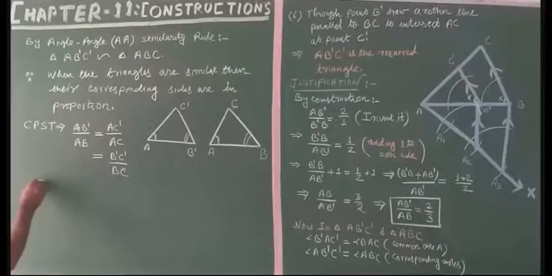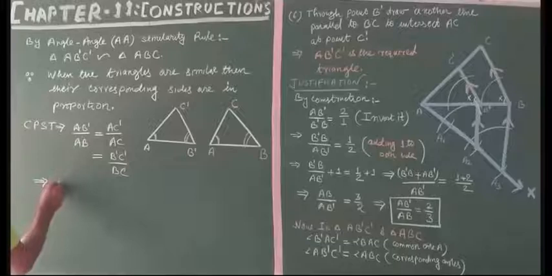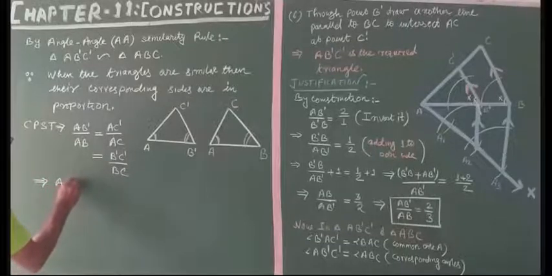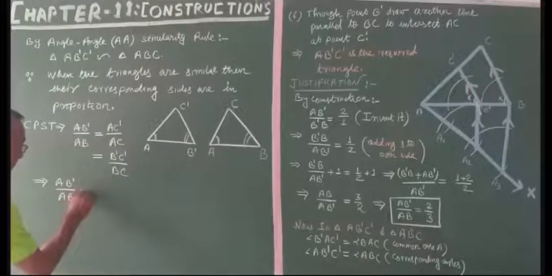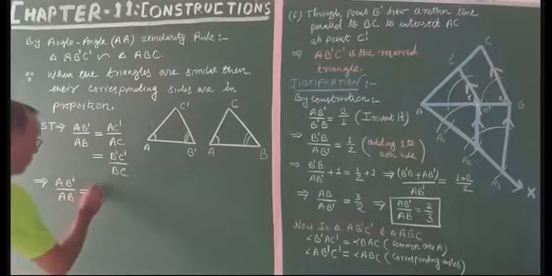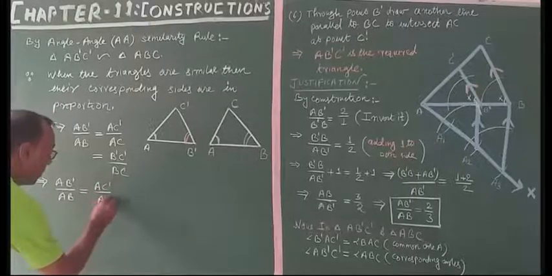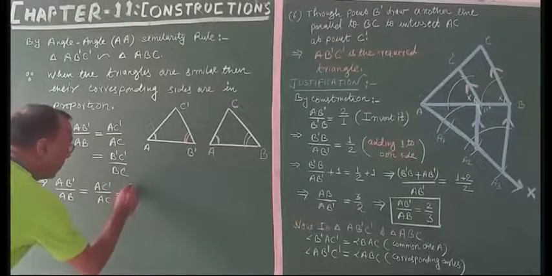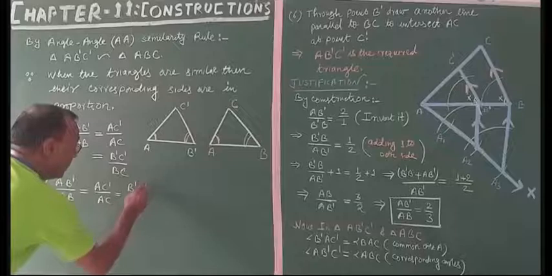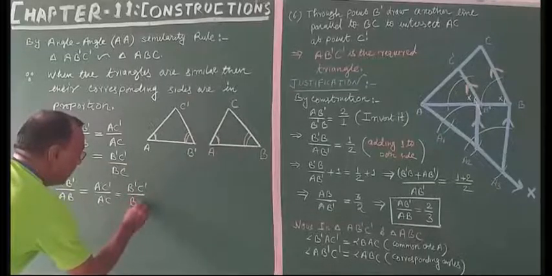So what is this? A B dash upon AB is equal to AC dash upon AC and B dash C dash upon BC.